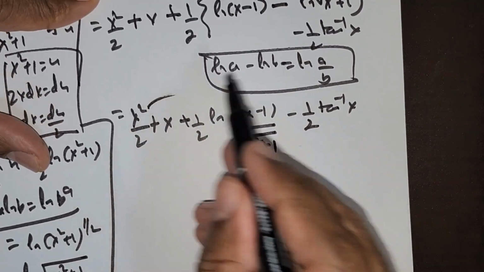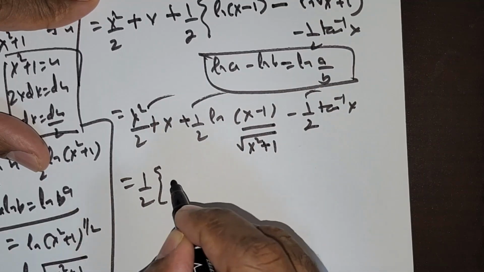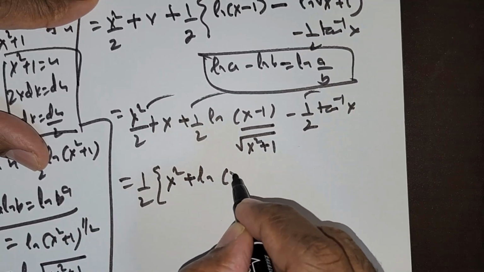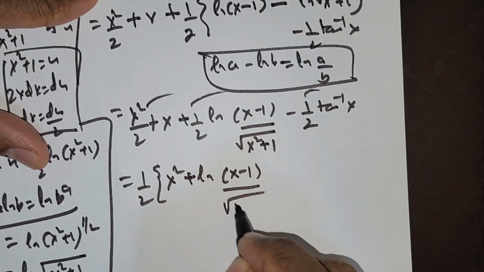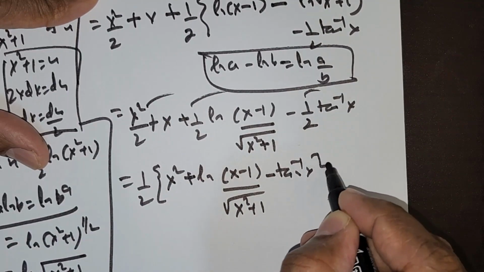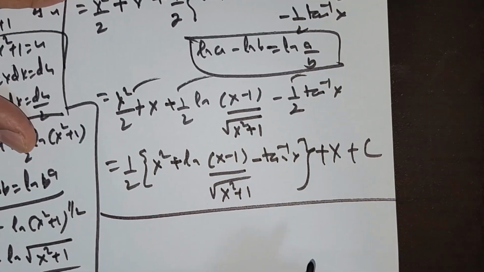Right, now you have a 1 over 2, 1 over 2, 1 over 2. Probably I can take that 1 over 2 out and write this as x squared plus ln of x minus 1 divided by root of x squared plus 1 minus tan inverse of x. That is one term, followed by an x and a positive arbitrary constant.